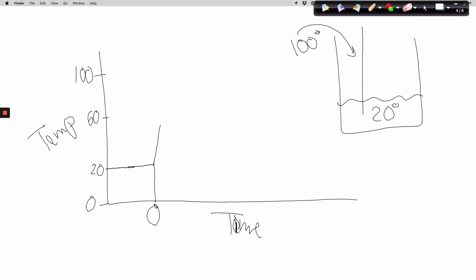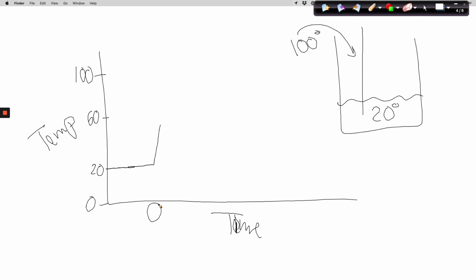Draw what you can draw now. Sorry, did that get weird? Let me get rid of that line at time zero. But this is time zero. So we hit this spike.